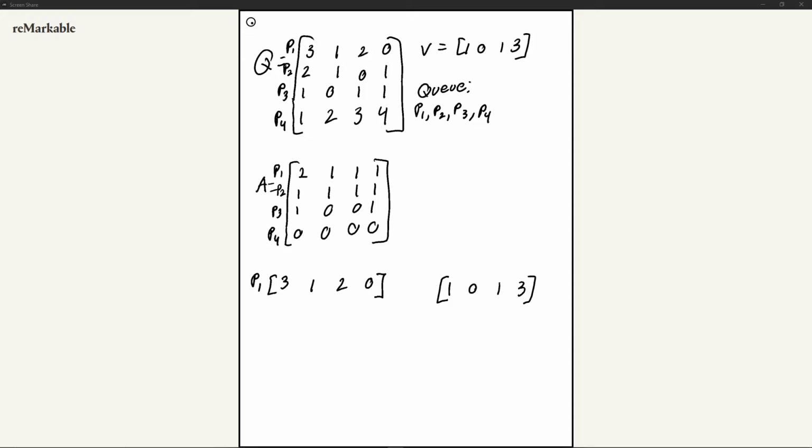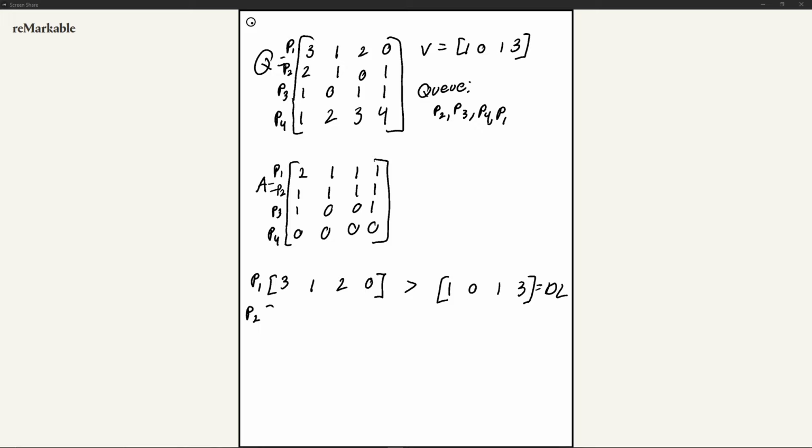Is 3 less than or equal to 1? No. Boom. Deadlocked. I'm just going to put DL. This is deadlocked, so P1 gets pushed back in our queue, and that's deadlocked for now. We can move on to process 2.